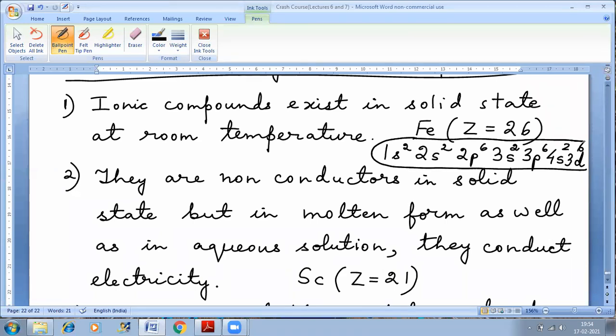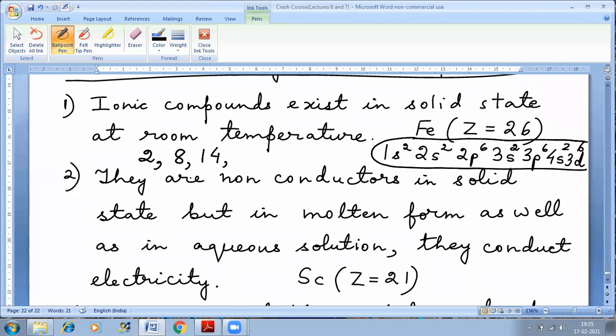Now convert this to the usual form that we are familiar with. So 2, 8, comma. 2 is the number of electrons in the first shell, then 8 is the number of electrons in the second shell, and then let's count the number of electrons in the third shell. 3s2, so 2, plus 3p6, 2 plus 6, 8, plus 3d6, 14.